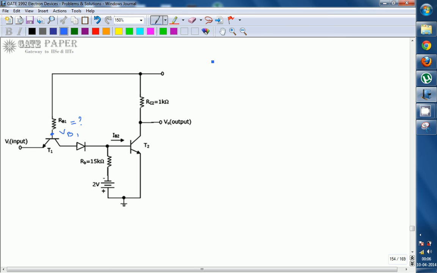assume that the transistor T2 is in saturation. Whenever it is in saturation, at that time you will get VBE saturation, and since it is in saturation, the diode will be forward biased because the base current is flowing. The collector base junction of the T1 transistor will also be forward biased.